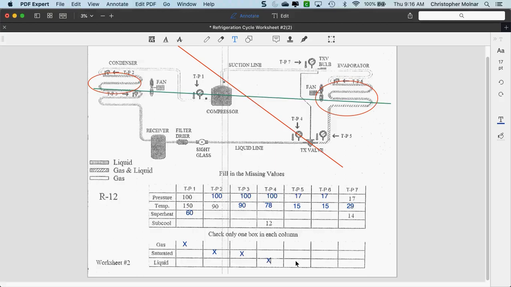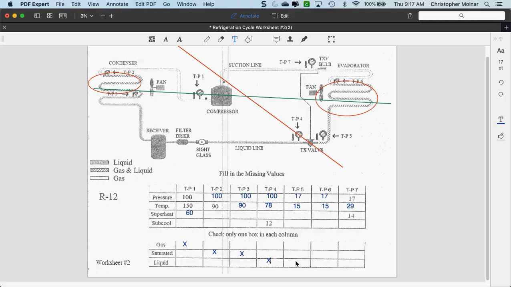Some of your exam versions will say flash gas, which is not a choice on here. Some of your exam versions will say a low pressure liquid. Some of your exam versions will say start of saturation. Just be very careful here because they're all correct answers. It's the start of our saturation, it's a low pressure liquid, and it's a flash gas at that point.